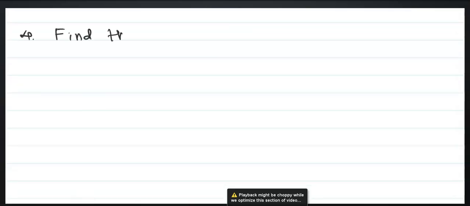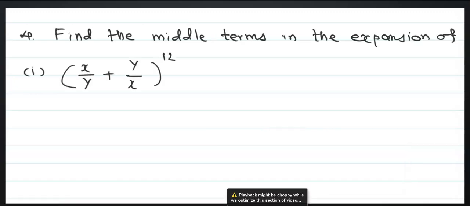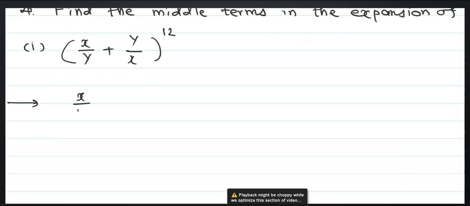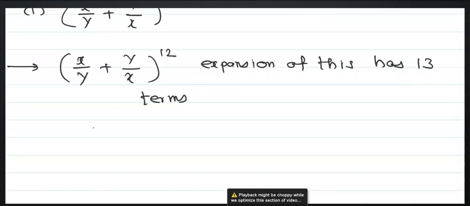Now next, fourth question. Find the middle term in the expansion of (x/y + y/x) raised to 12. The expansion of this contains 13 terms. Therefore, the seventh term is the middle term.